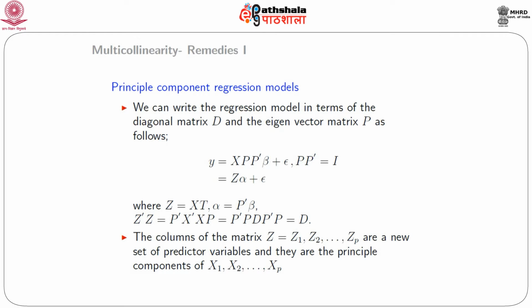So we have the regression model of the following form: y equals x times P P prime beta plus epsilon.